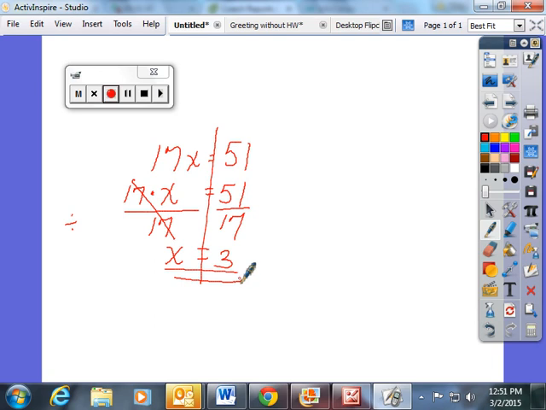And again, I still went back to your original equation, substitute the value in that you found for x to make sure that this is a true equation. Okay, and then we did division. So we did x divided by 5 equals 8.